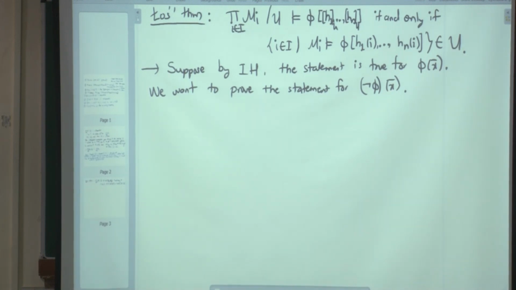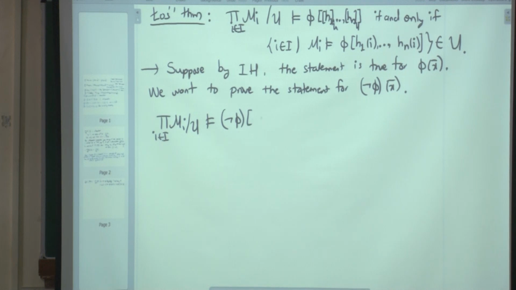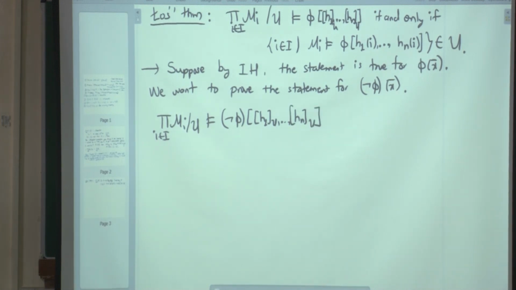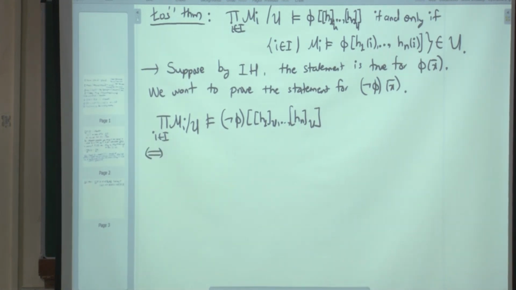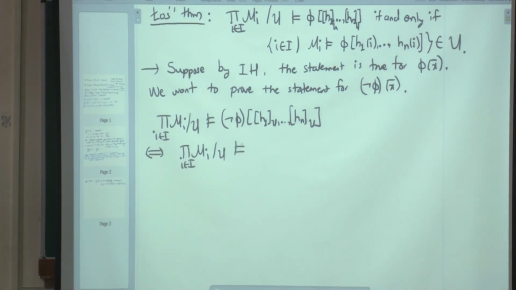So let us look at the definition. Yeah. So the product of Mi, i in I, modulo U satisfies negation phi at these equivalence classes of choice functions if and only if, yes, I am going to write this. What can you say about the product satisfying phi at this collection? It does not.